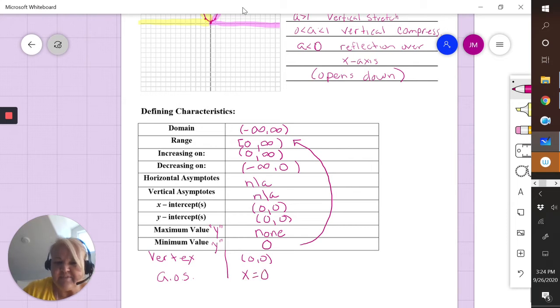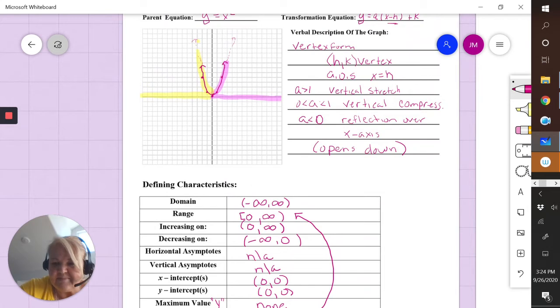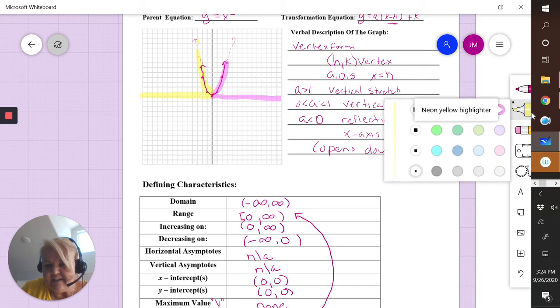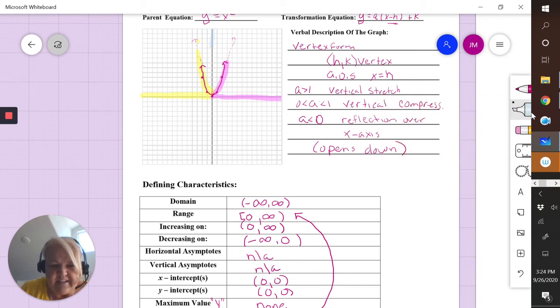So let's look at that axis of symmetry. I'll try to use a different color highlighter here. The axis of symmetry is this vertical line that goes through the vertex. And so that vertical line is x equals 0. Okay, now let's transform this equation.